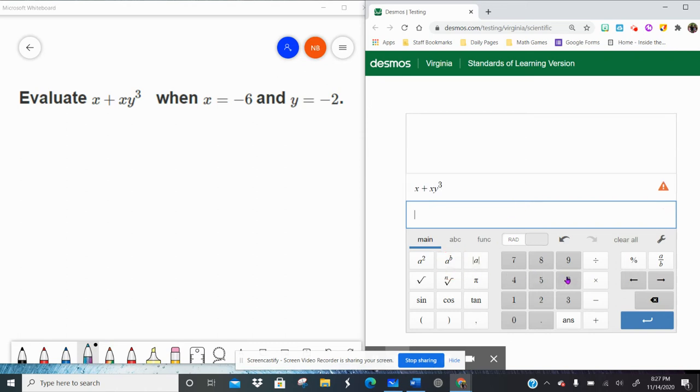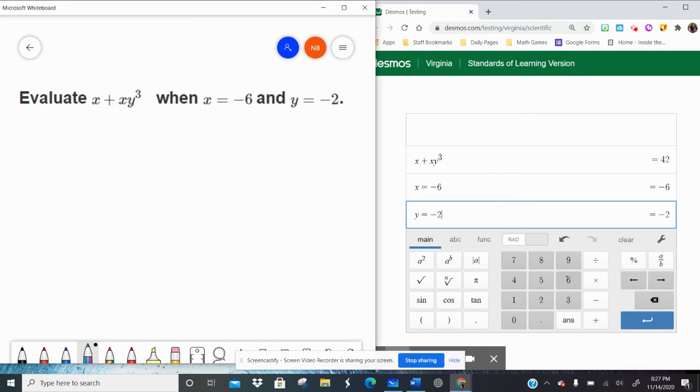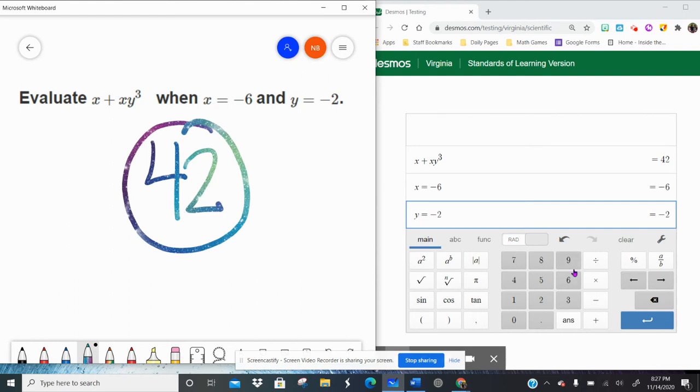Now x equals -6, y equals -2. And just like that, my answer is 42. So I'm going to substitute the variable for the number that it tells me it is. Variable substitution: you're plugging the number into the expression and then simplifying or solving.